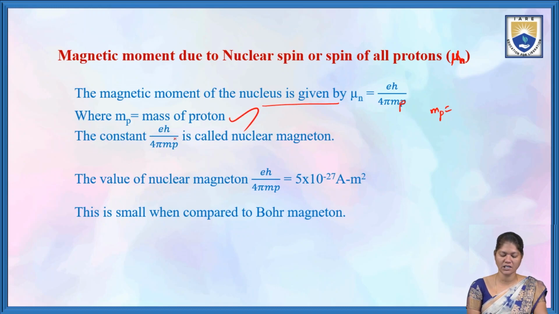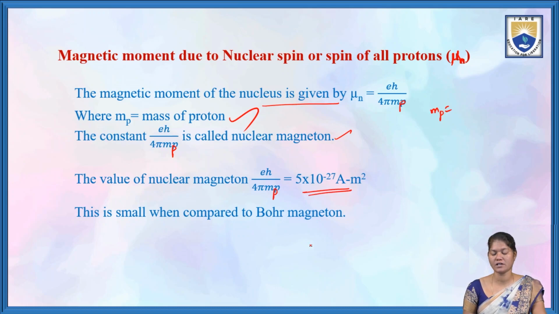The constant eh by 4 pi mp is called the nuclear magneton. Its value is 5 into 10 power minus 27 ampere meter square, which is small compared to the Bohr magneton.